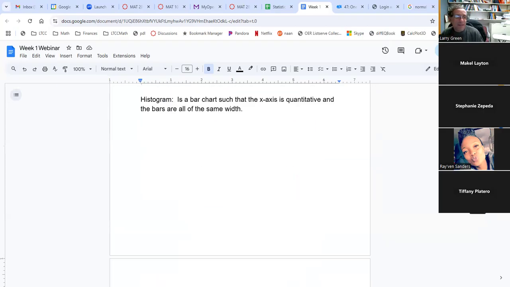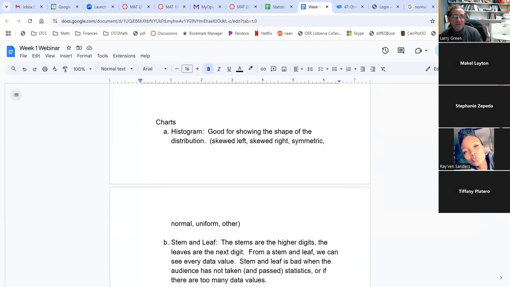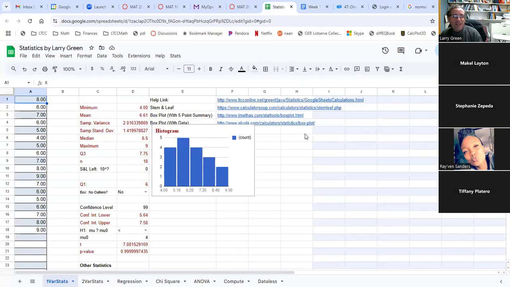Okay, so the next thing I want to talk about are charts. The main charts that we're going to look at, I want to look at them instead of just describing in words. These are words, but let's take a look. And I'm going to go to the other calculator, the spreadsheet calculator.